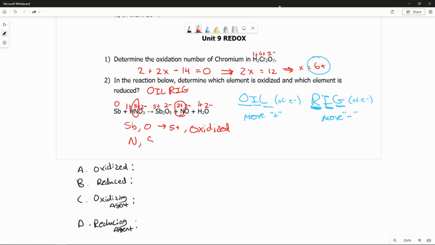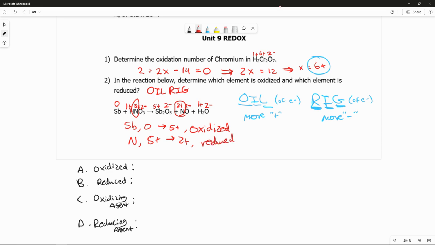So N, you're going from a 5 plus to a 2 plus. If you're going from a 5 plus, which is greater in positivity than 2 plus, you are gaining electrons because you're becoming more negative. Therefore, we know it is reduced.